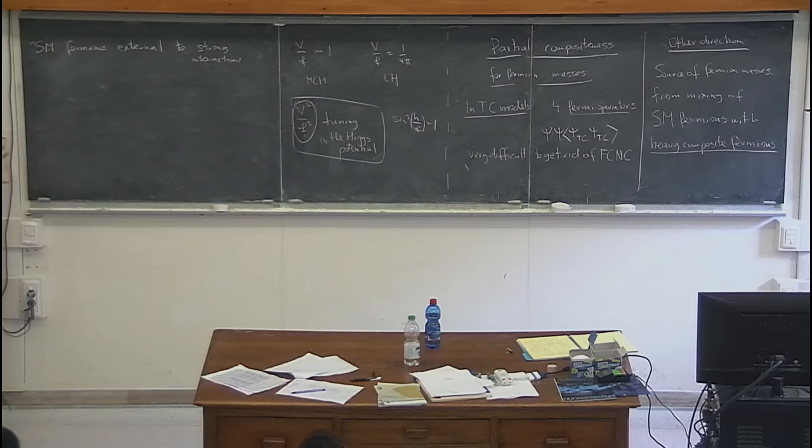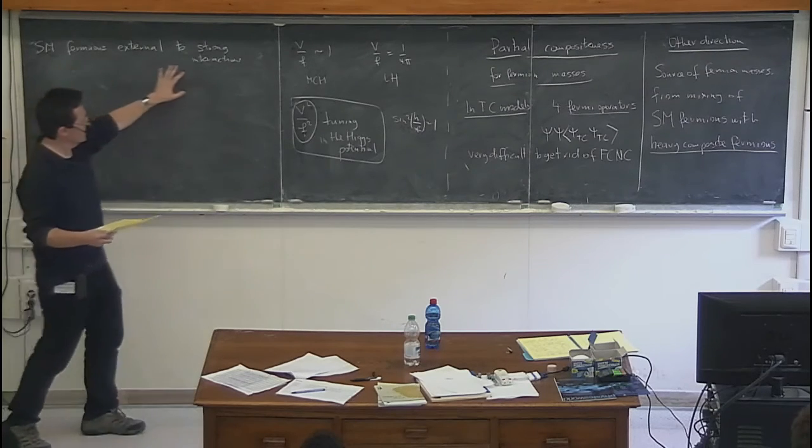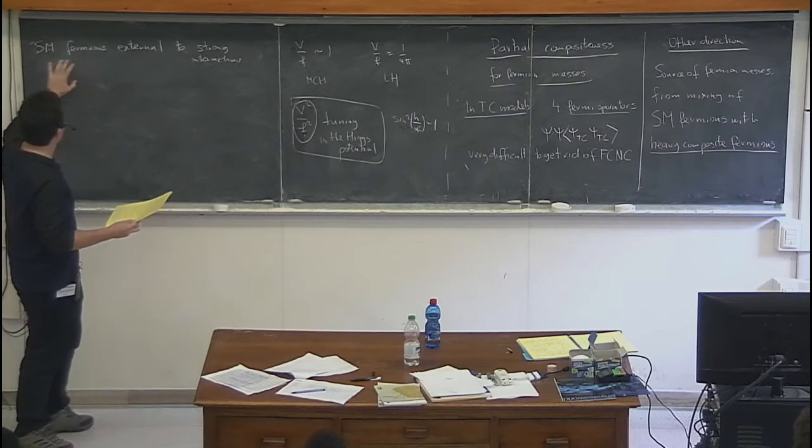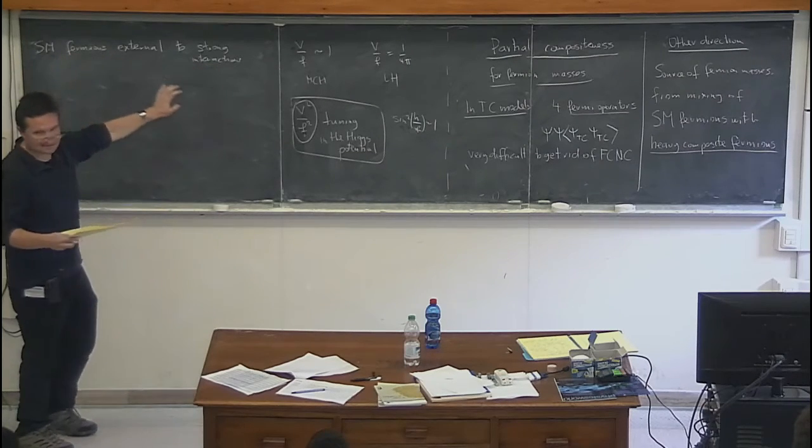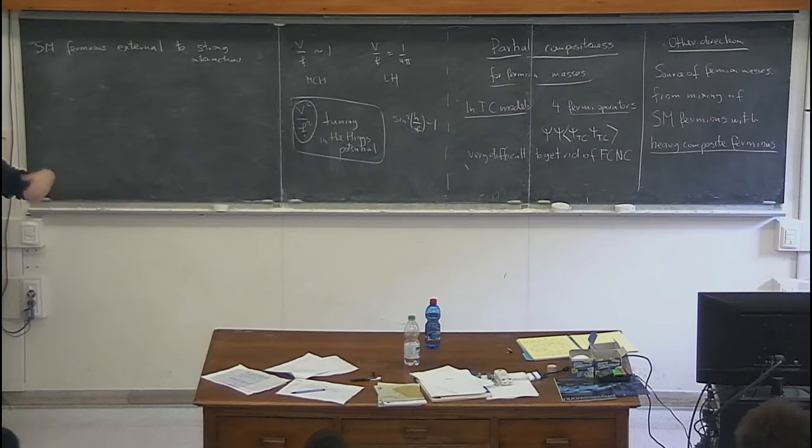Yes, through the composite sector. Yes, and the story is that there's a really nice way to do this: you just mix these elementary fermions with some of the composite fields of the composite sector. The assumption you make about the composite sector is that it has a bunch of massive fermions among its composites.